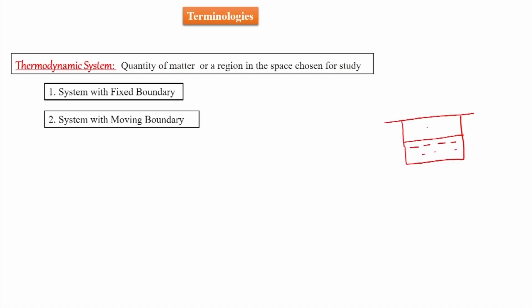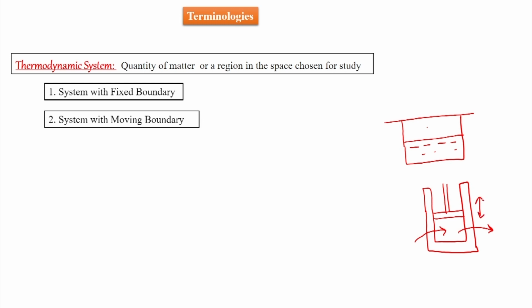Then we will have a system with moving boundary. In the case of a system with moving boundary, we can consider a piston cylinder arrangement where we have a cylinder fitted with a piston inside, and if we supply heat or take away heat from the gas placed inside, then accordingly the piston can move up or down.